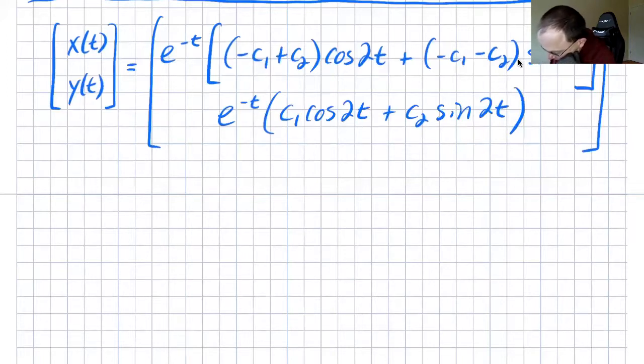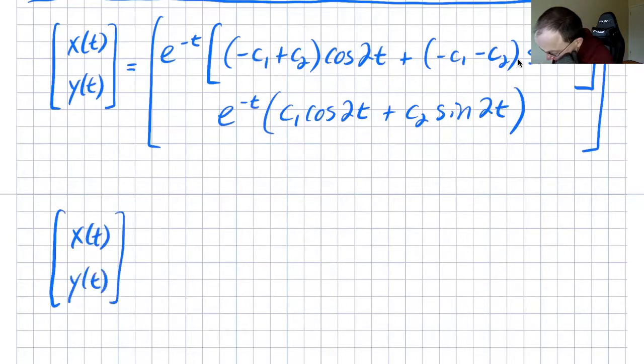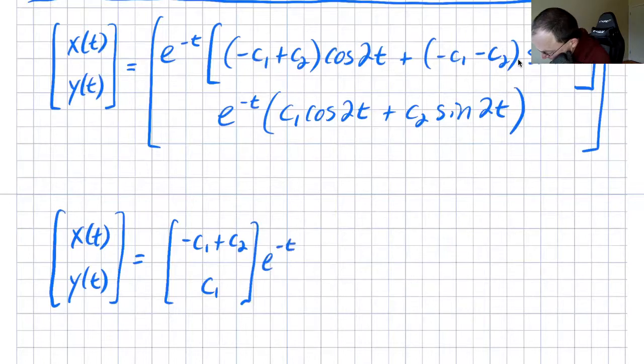So we're going to get x of t, y of t, and then we'll have negative c1 plus c2 times c1, and then the exponential of minus t times cosine 2t.